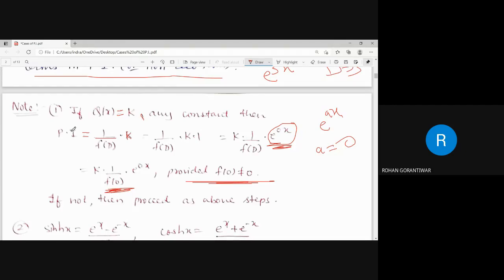So write it in this way. In case number 1, e to the power ax is the first possibility. What is the second possibility? Constant term, because a constant is again converted to an exponential term, right? So point number 1 is over.